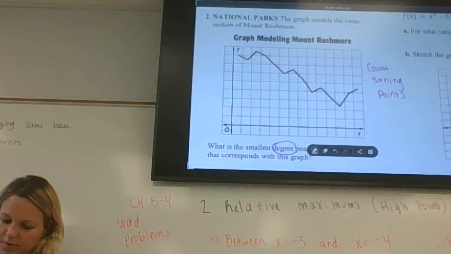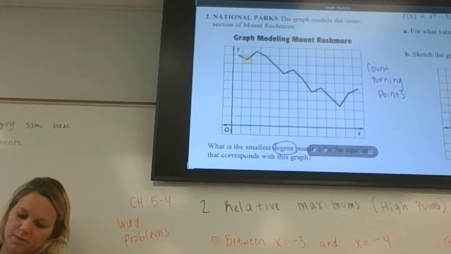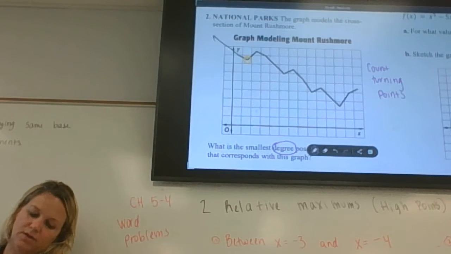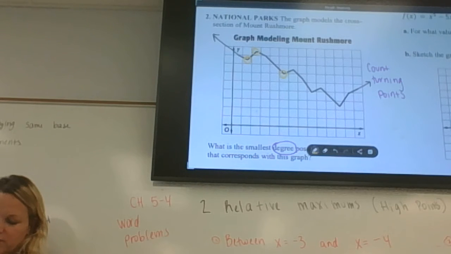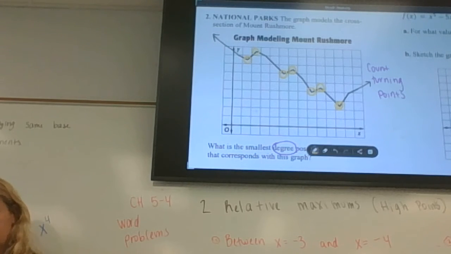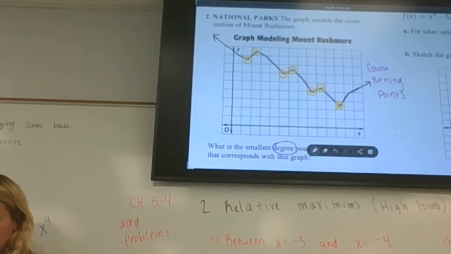So here's a turning point. I'm going to extend this so you can see, it's definitely going up. This side is also going up. Here's a turning point. Here's a turning point. This looks a little sharp, but it should be smooth.